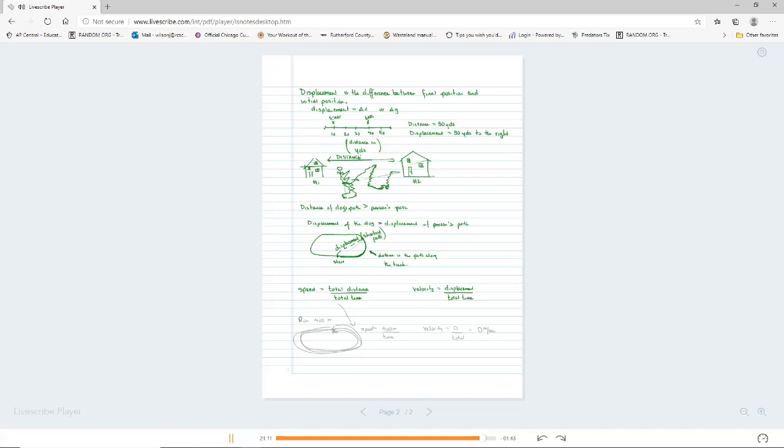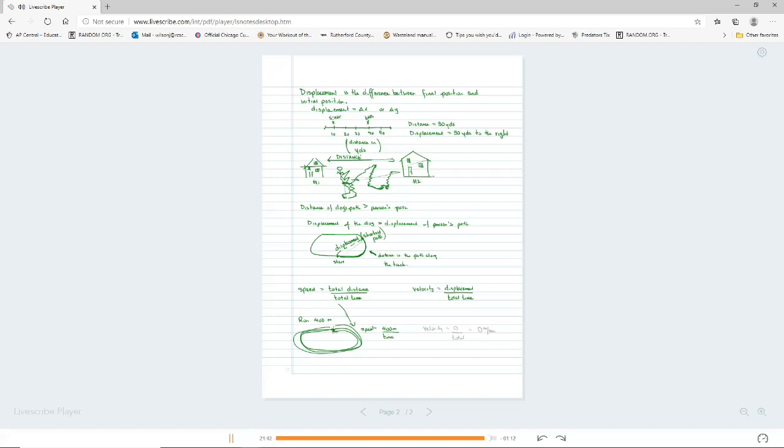Let's say we're going to run a 400-meter dash. Well, for most of you, that means if I start here on the track, I have to go all the way around the track and back to where I started. So the speed for the race around the track, whether I go this way or this way, is going to be 400 meters divided by whatever time it takes me to do that.